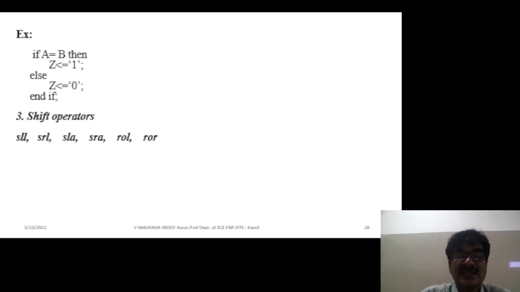Okay, so like that 6 shift operators are available in the language. So let us see the function of each and every one on binary data.